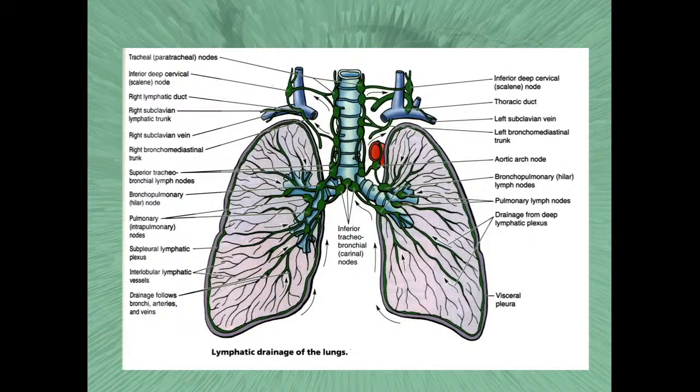Lymphatic drainage from the organs of the thoracic cavity. Let's look at the example of the lungs, because unfortunately cancer of the lungs occurs quite often as well. First of all, because of the pollution of the environment.